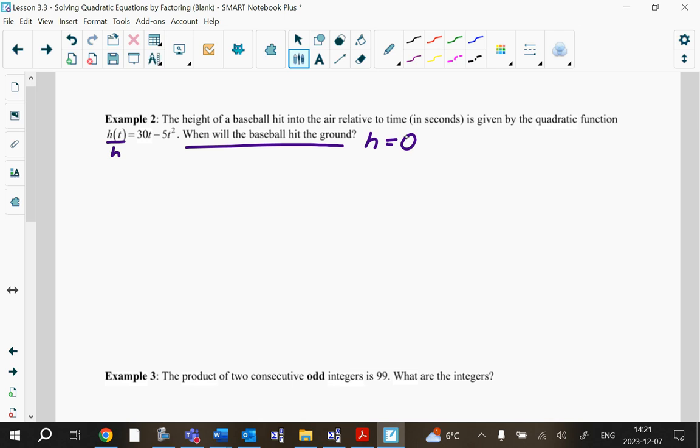So I replace h with 0, and don't I get a quadratic equation? Now it's kind of different looking than what we're used to, because we're used to seeing the squared positive, right? But this one's got a negative in front. How could we address that? What can we do?